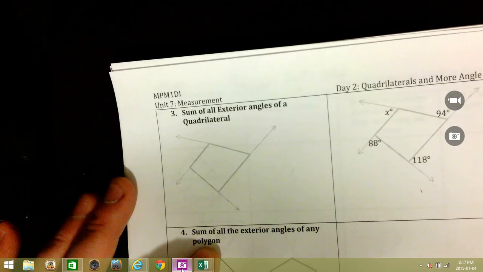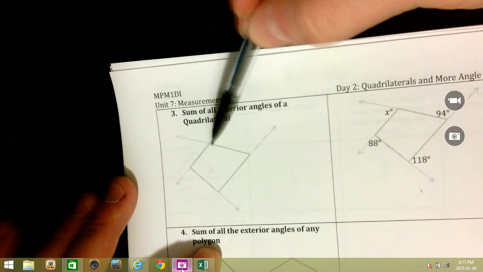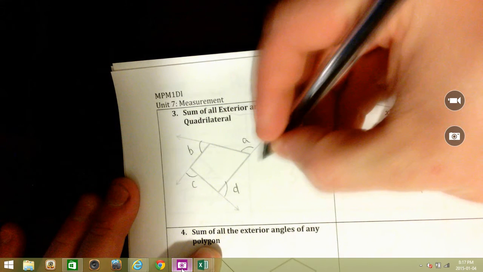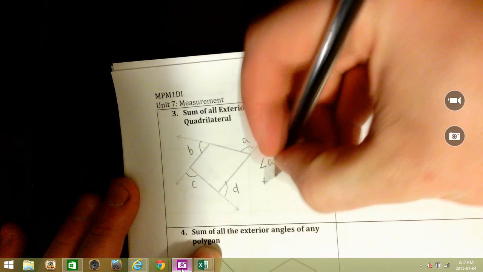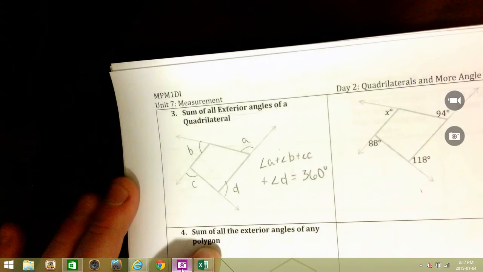Now, we looked previously at the sum of the exterior angles of a triangle. Now if we look at a quadrilateral, if I add up the exterior angles here, and I label these A, B, C, and D, and add them up, plus angle D, that again will equal 360 degrees.